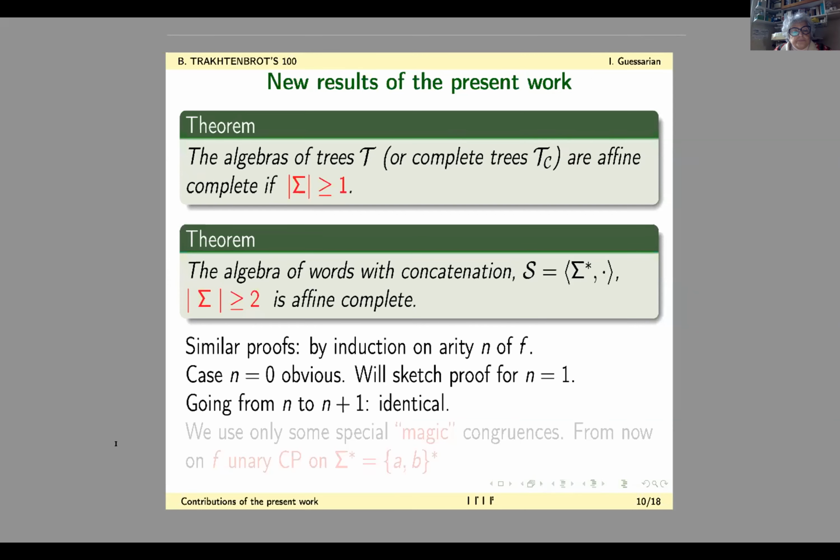So we will use only some special magic congruences.